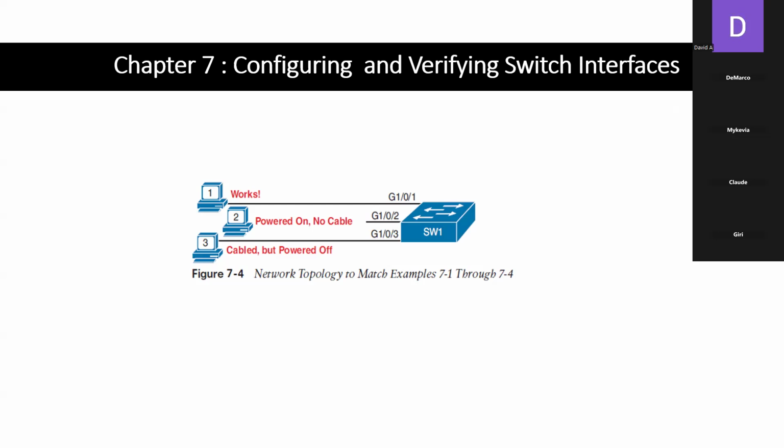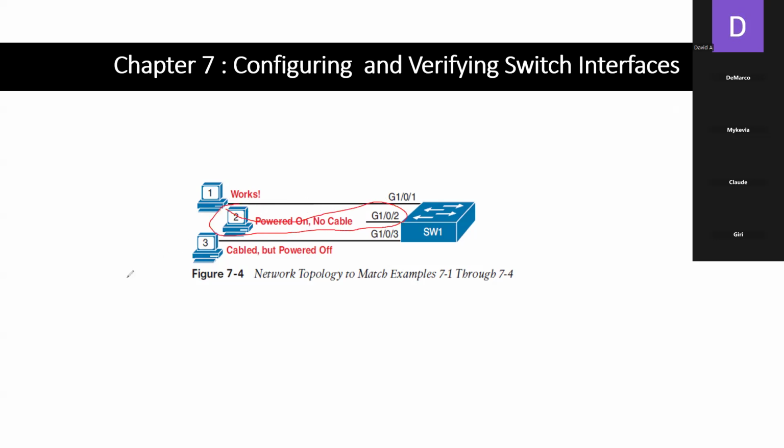You guys can see by this diagram, this is just a topology showing that if we have a layer one connection and no other configurations on the links, just using auto negotiation by default, the endpoint comes up and it works. If we're looking at PC2, the endpoint is powered on, but there's no cable connection, so of course this is not working.